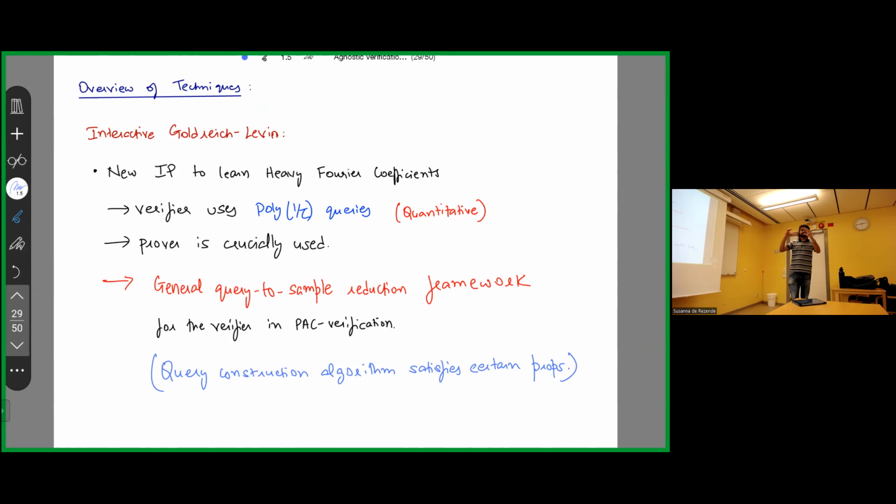So any PAC verification protocol where the verifier uses queries can be replaced by a PAC verification protocol where the verifier uses random examples. Although it is necessary that the prover uses queries, you can still make the query to sample reduction framework here. And for this to work, the query construction algorithm of the learner needs to satisfy certain properties, which I'll hopefully try to go into in more detail after this.